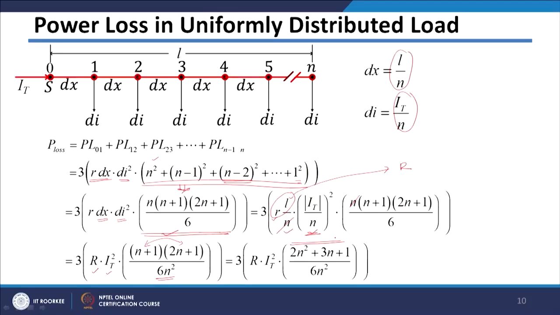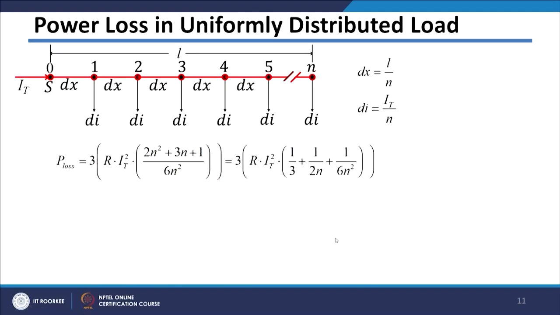We further simplify this term by dividing each component by 6n square. If you divide 2n square by 6n square, it is 1 by 3, 3n by 6n square is 1 by 2n, and 1 by 6n square as it is.